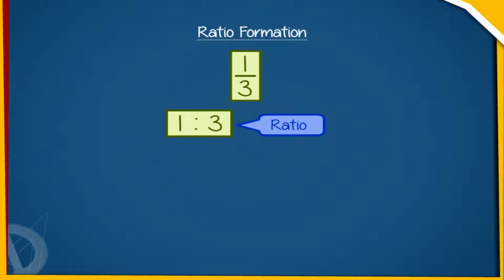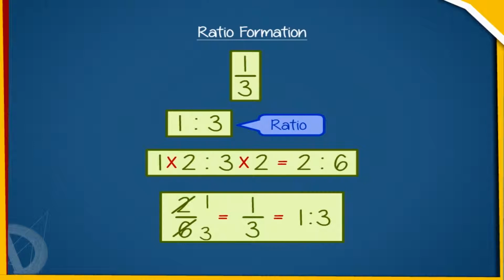If we multiply or divide the terms of the ratio by the same number, the ratio does not change. For example, ratio of 1 to 3 is same as ratio of 1 into 2 to 3 into 2. That is ratio of 2 to 6.